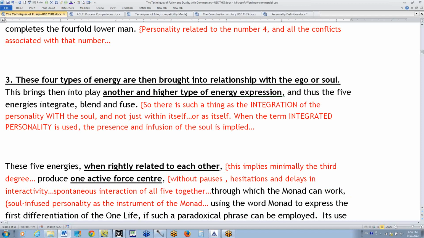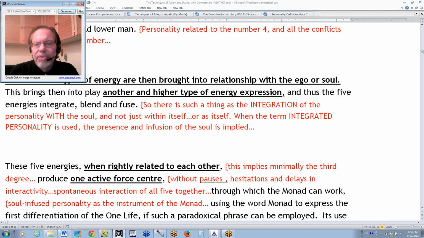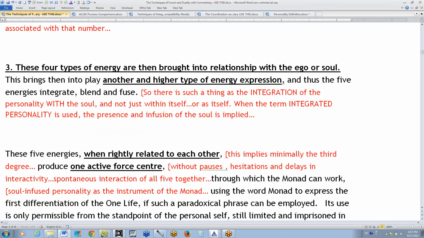One active force center through which the monad can work. Using the word monad to express the first differentiation of the one life, if such a paradoxical phrase can be employed. It's an apparent differentiation only.